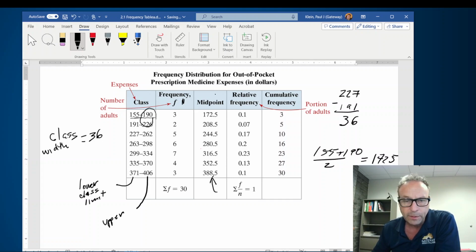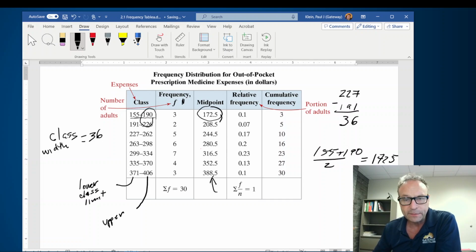These midpoints, if you notice, are also 36 units apart. So once you find the first midpoint, if you get that right, and you add 36 to each, you'll get the rest of them. But in general, the midpoints are the center of the class, and you get that by taking the average of these two numbers.